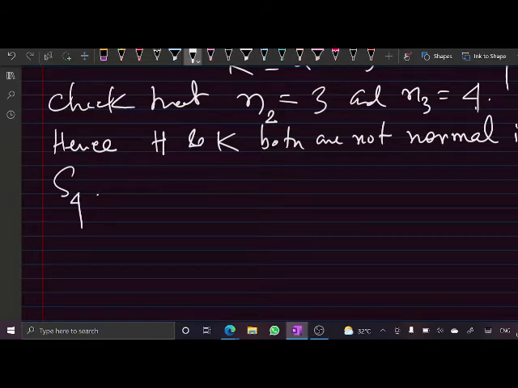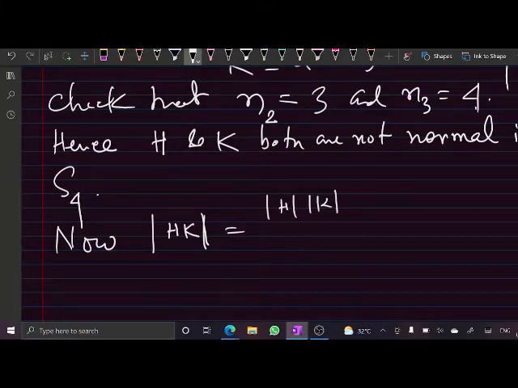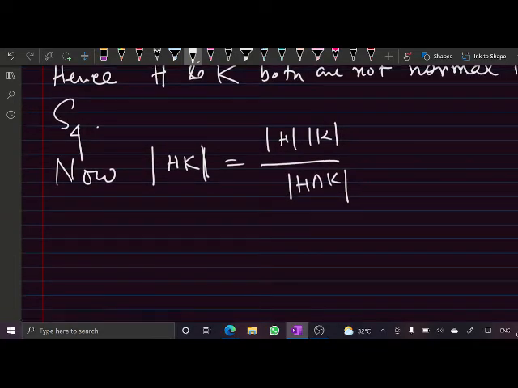Now, what is the order of the product HK? It is order of H times order of K divided by the order of H intersection K. Now what is H intersection K?